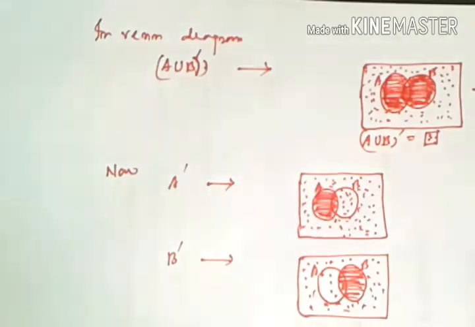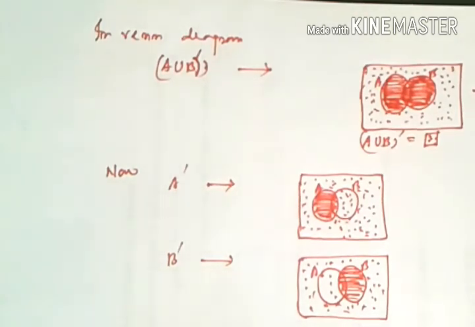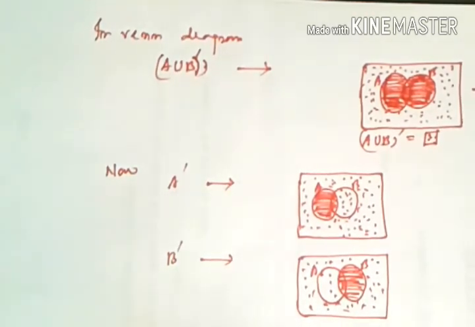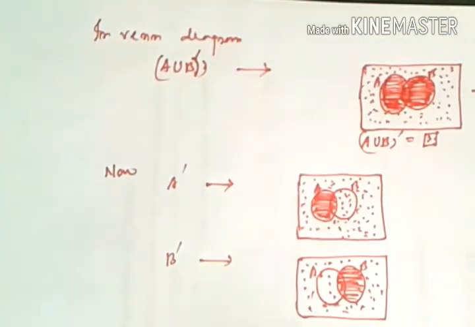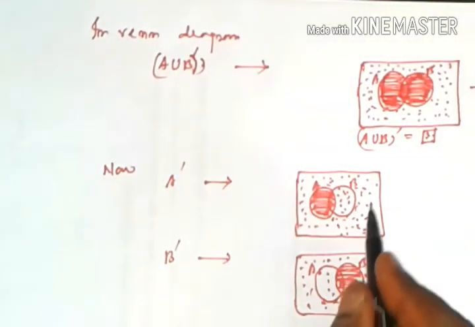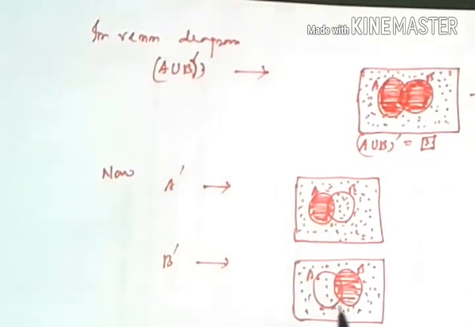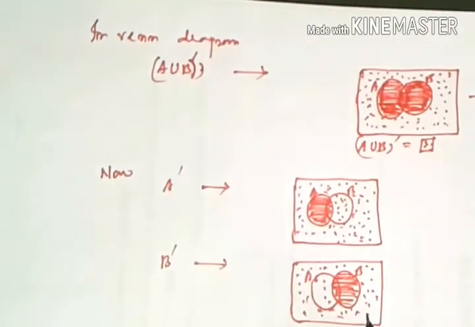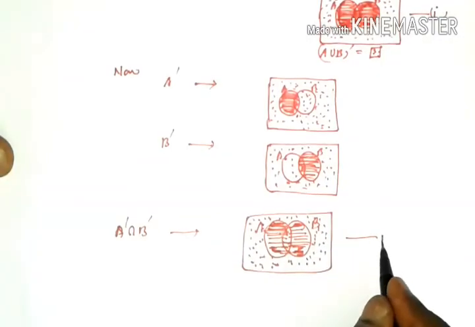Now if we take the intersection of A dash and B dash, A dash intersection B dash, which portion will it denote? Which region? This dotted portion and this dotted portion, the intersection of the two dotted portions. This diagram.